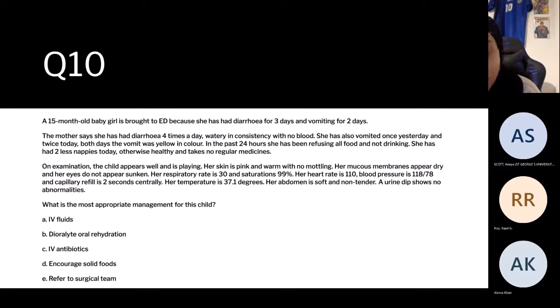So we have both the responses, and we are split between IV fluids and diarrhea oral rehydration. The correct answer is diarrhea oral rehydration.